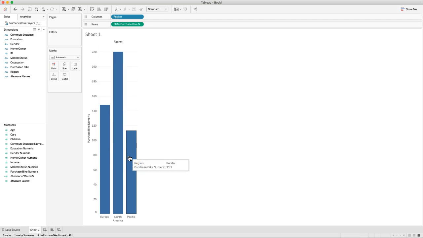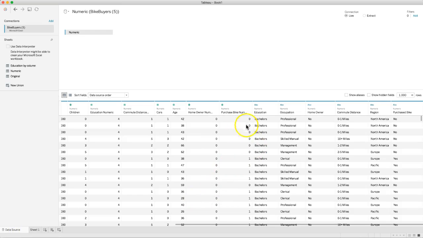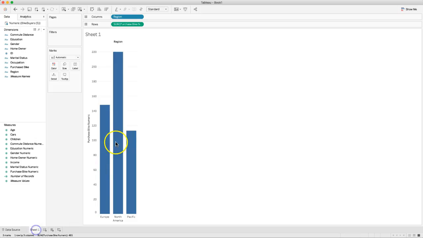For example, it could be simply that I have more bike shops in North America, and that's why I have more bike sales there. This is a sum of total purchases, and each purchase is represented by a 1 right here in the data source. So I can't look at this and say, yes, North Americans buy more. So I need to modify my visualization a bit.